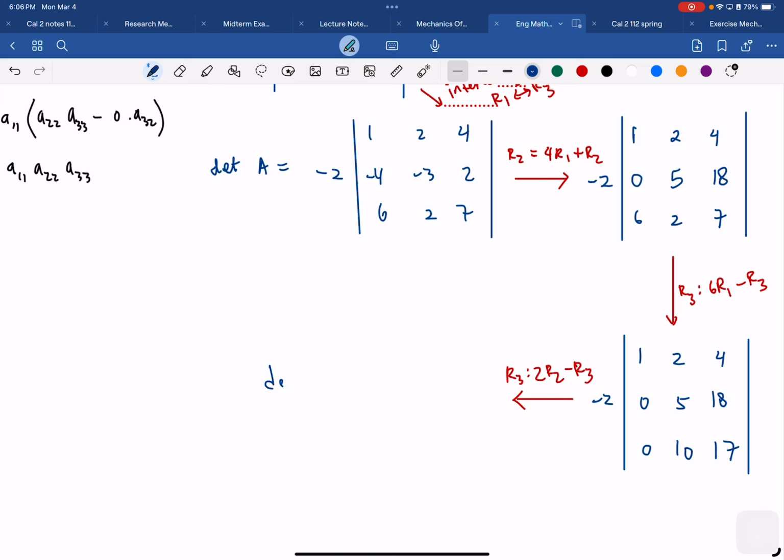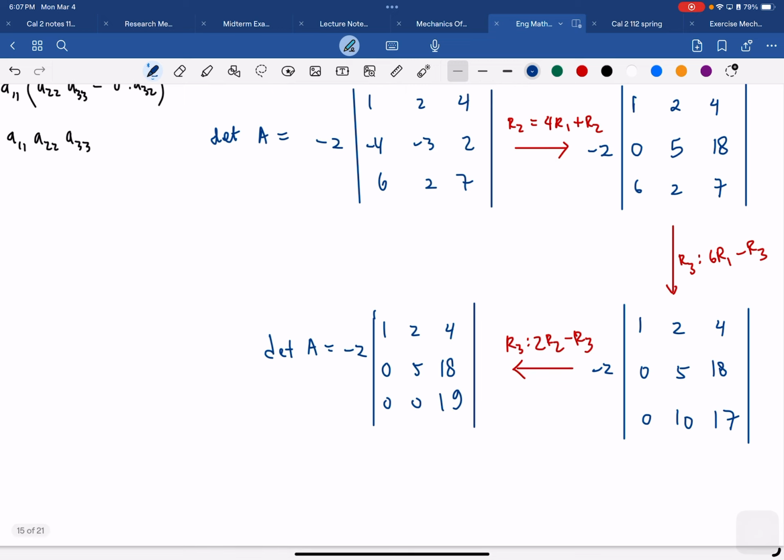So we get, I forgot to write the determinant A. So all the determinant, okay. So this will be negative 2. 1, 2, 4, 0, 5, 18. And then the row 3, the new one will be 10 minus 10 is 0. And then 36 minus 17 is 19, right? And we get this determinant.